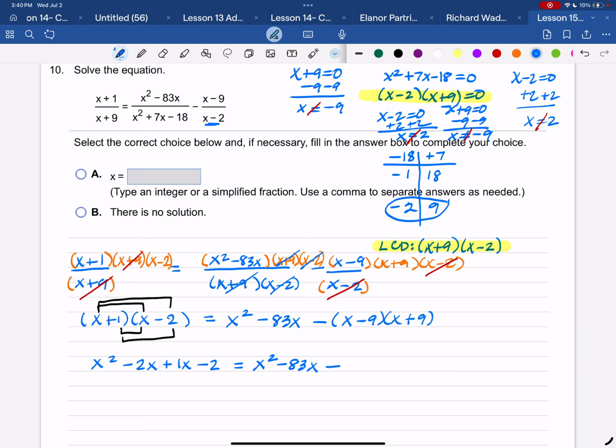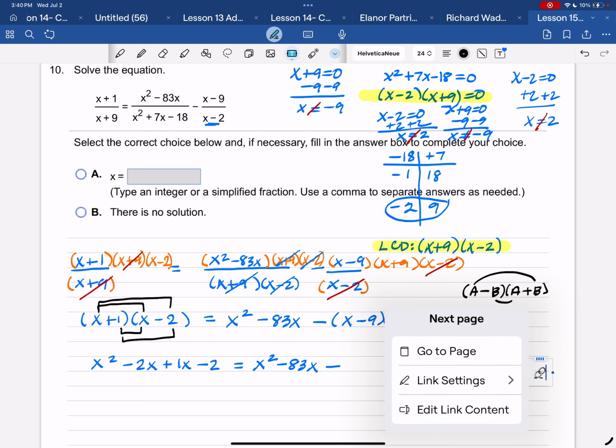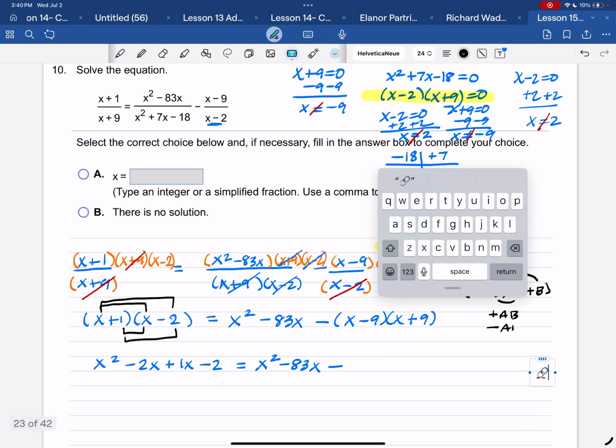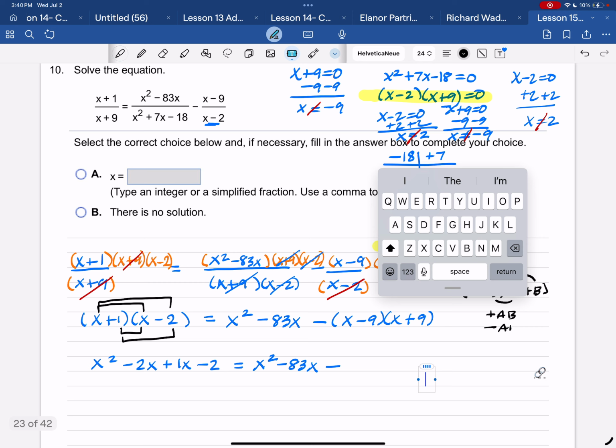So I have to multiply this, and if you notice, these are conjugates. They're exactly alike, except one has a minus and one has a plus. And that means that when you do the outer and the inner, plus AB minus AB, those are going to cancel out. Okay, so that's going to add to 0.